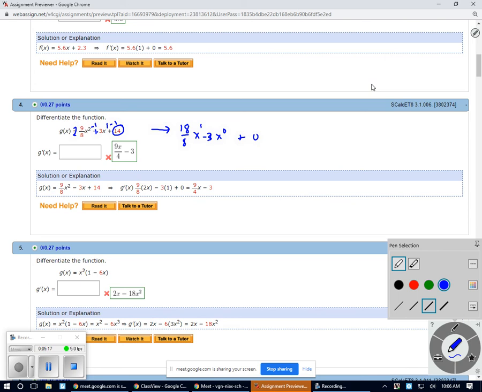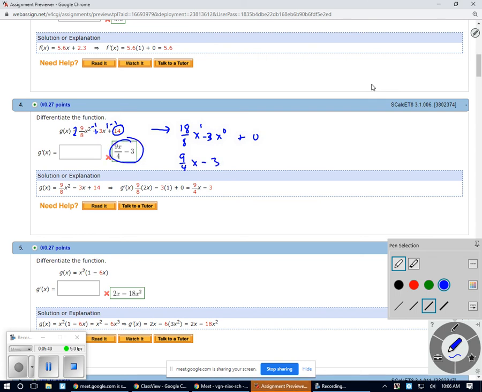Now, what's different about what I wrote and what the computer has? They reduced their fraction to lowest terms, and they took the 1 power off, and they made x to the 0 be 1. So the computer has 9/4 x minus 3. But that's the same answer.